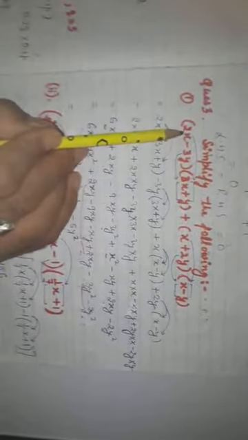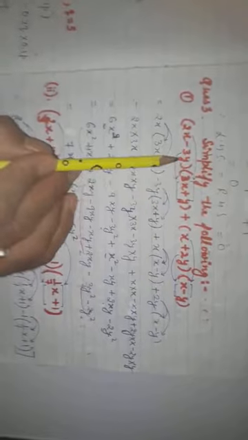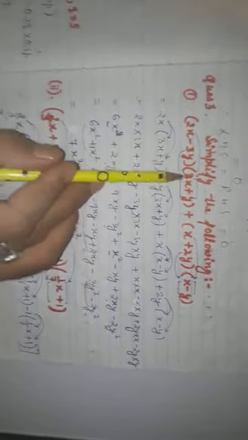So in this case we multiply the first term with the second binomial as well as second term with the second binomial. So the product is equal to 6x square plus 2xy minus 9xy minus 3y square. This is the product of these two terms.